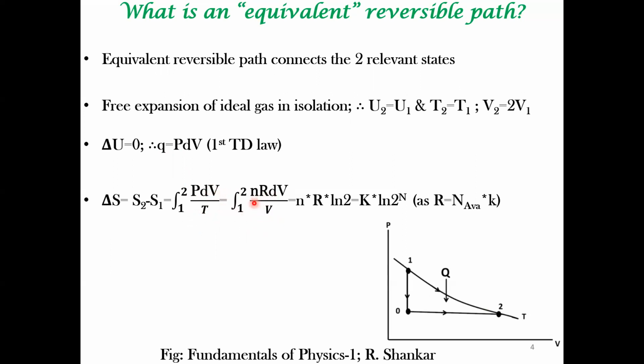Therefore, we get this, where n is the number of moles within the system. From this, because V2 is twice V1, we can get further simplification.